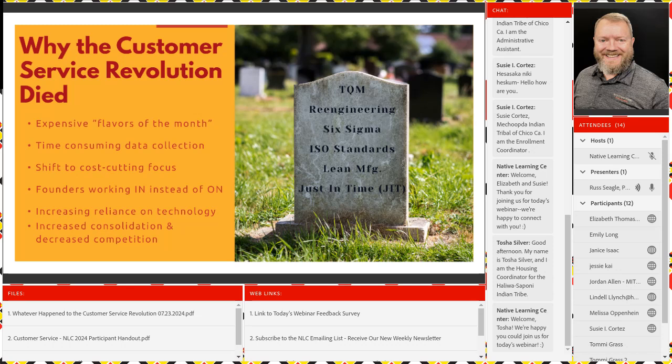And if we can just eliminate errors, people will be happy with us. If we can make sure that what they order is what they get, if we can make sure that what they want works and it works every time, they'll be happy with us. If we make sure that we can just eliminate all the errors, they'll love us. ISO standards.